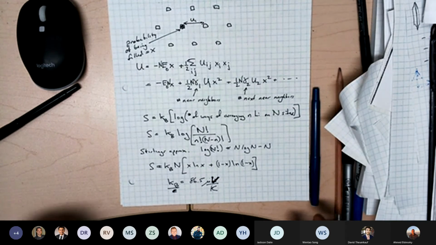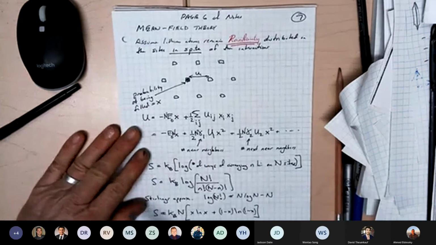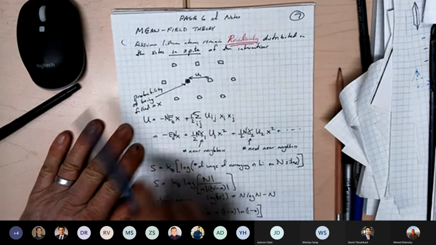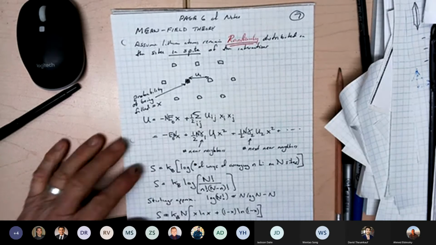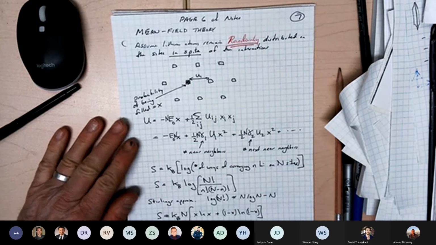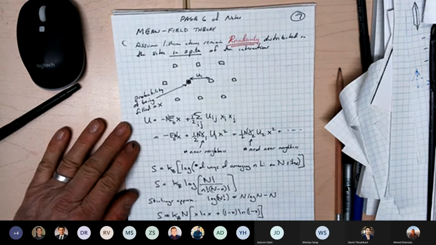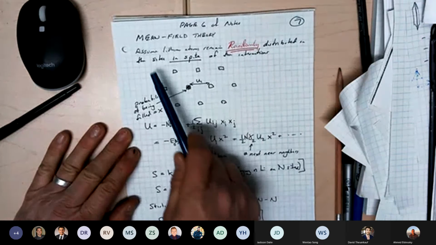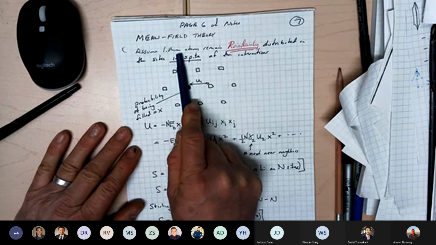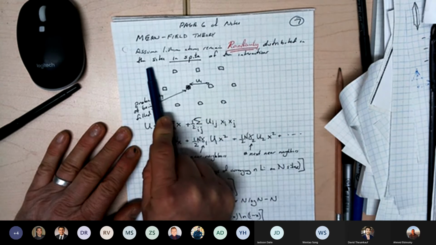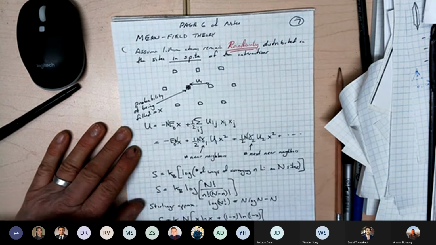So the simplest approximate solution to this problem is something that in McKinnon's thesis he calls mean field theory. I encourage you to read that section of the thesis because it's much better than I can do here in the lecture. What you do is you assume that the lithium atoms remain randomly distributed in the sites in spite of the interactions.